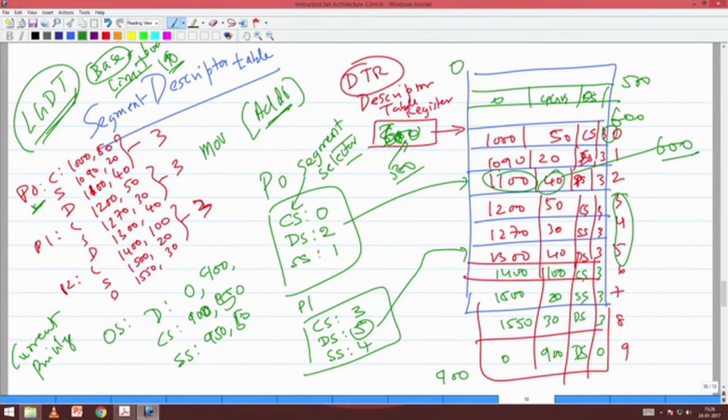We will give you a program in which your code will be stored in some segment and data in others. You have to set up this GDT and your GDTR, then load your program and start executing it. That is what you will be doing here.